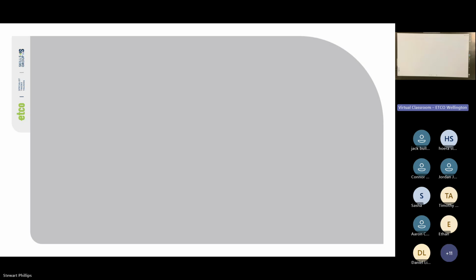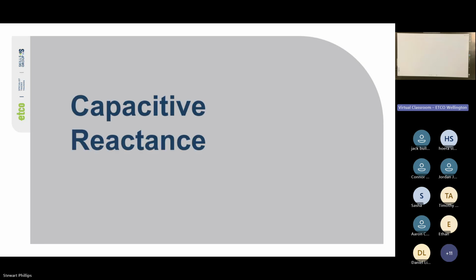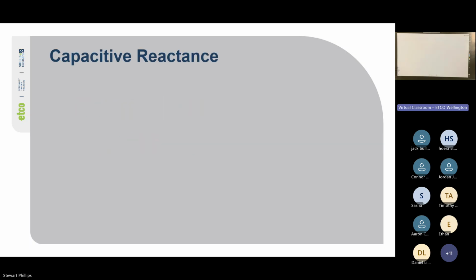So now that we've looked at the phase relationship, we can start to look at capacitive reactance. Everything we've done so far has been based around inductors, where voltage leads the current, lags the current.